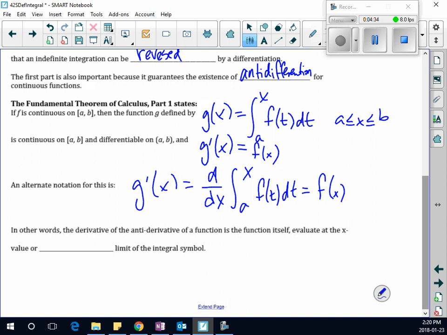So if you think about this for a second, if we have a graph of some function here, and here's a, and here is b, and here is, say, x, right? Does everybody see that essentially if I wanted to find the integral from a to some x, wherever that may be, that is equal to whatever that f of x is.